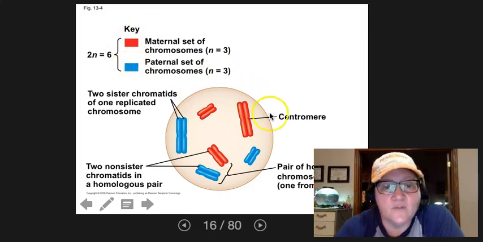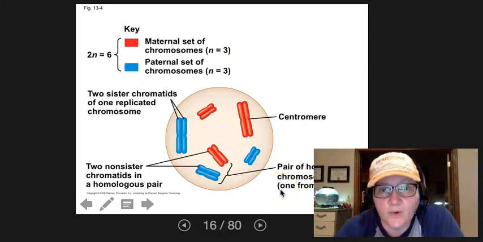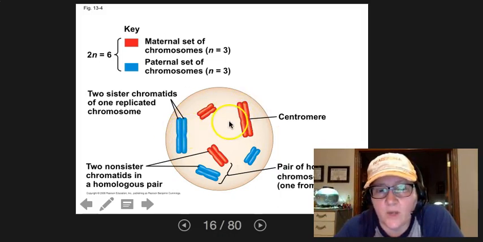This individual has a 2n number of 6. I see 6 chromosomes in here, yes? 1, 2 copies of number 1, 3, 4, 2 more copies of number 2, 5, 6, 2 copies of number 3. 3 chromosomes from mom, 3 chromosomes from dad.